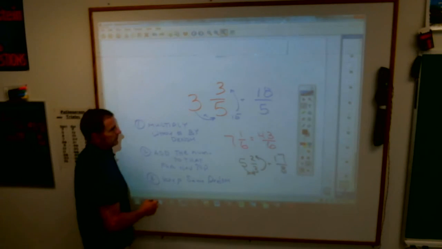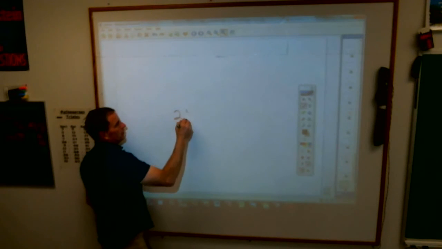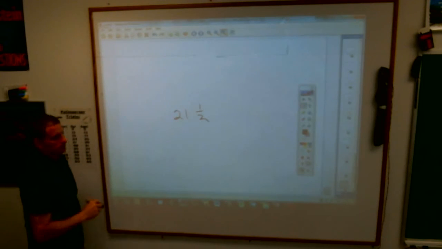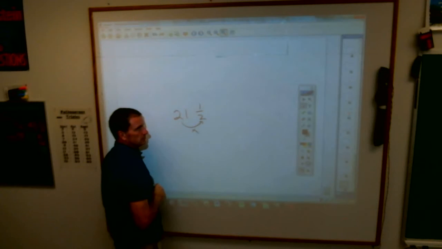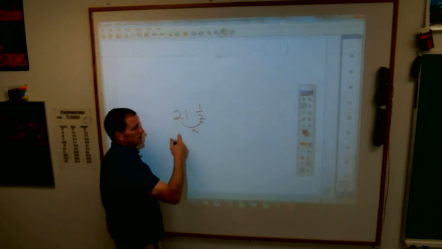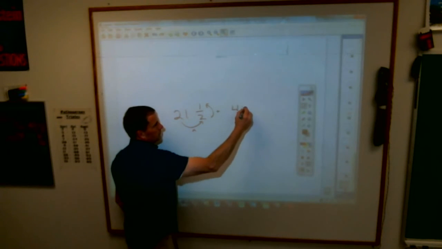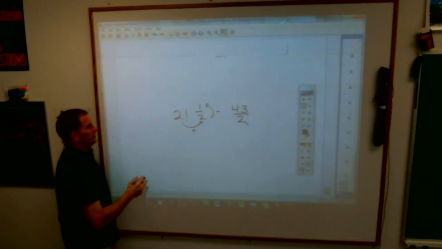How about 21 1/2? Multiply the whole number times the bottom. What is 21 times 2? 42, right? 42 plus 1 is 43, same bottom number, 43 halves.